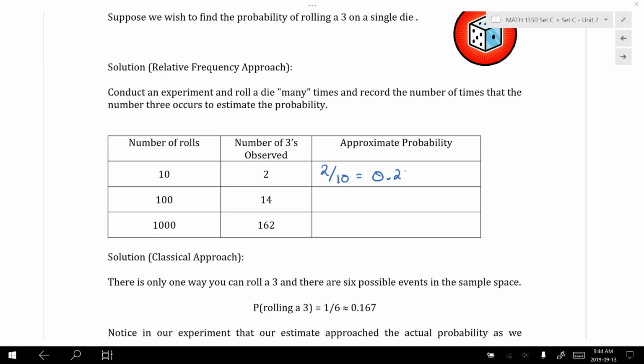If we continue, we roll 100, we get about 14 perhaps, for about 14%. If we keep going up to 1,000, it looks like we're getting closer to 16%. It's jumping around, going up and down, but as we go, the probability is approaching our classical value. We expect this to be somewhere around 16%.